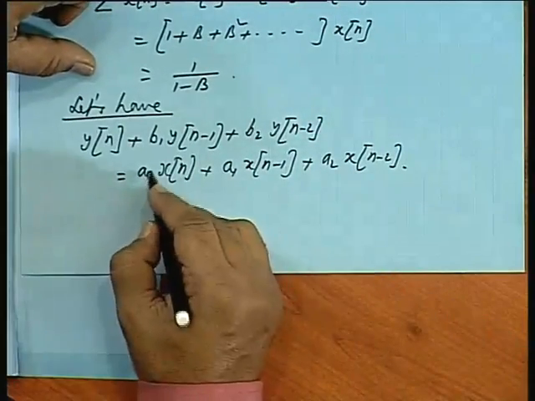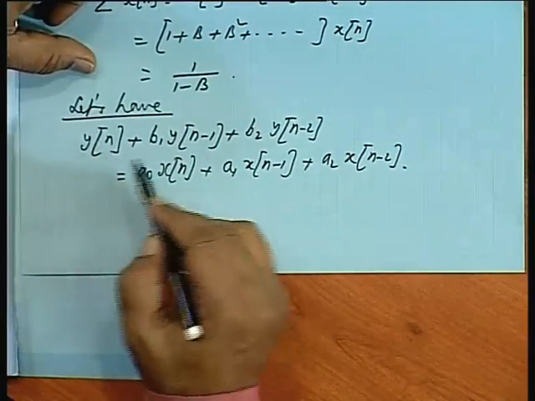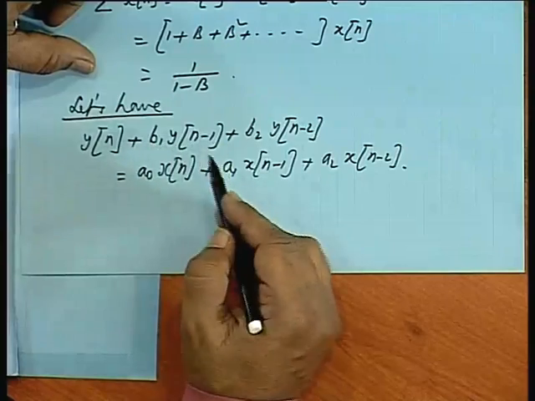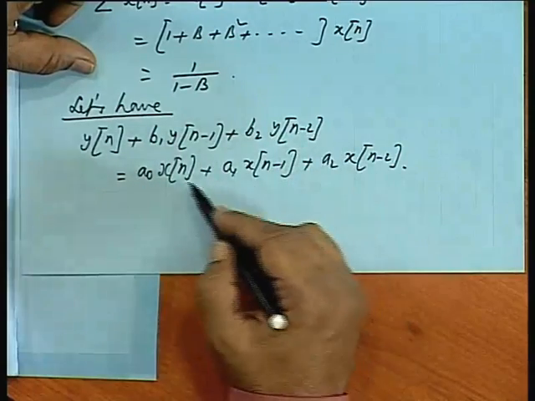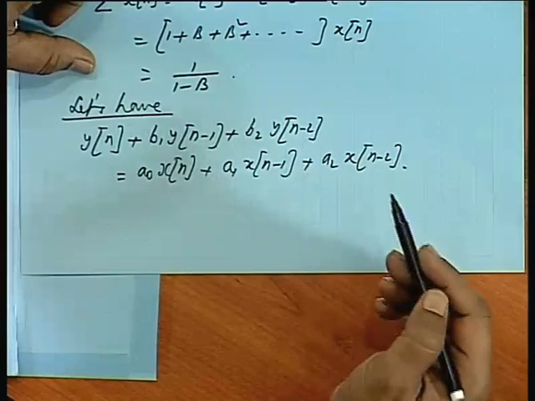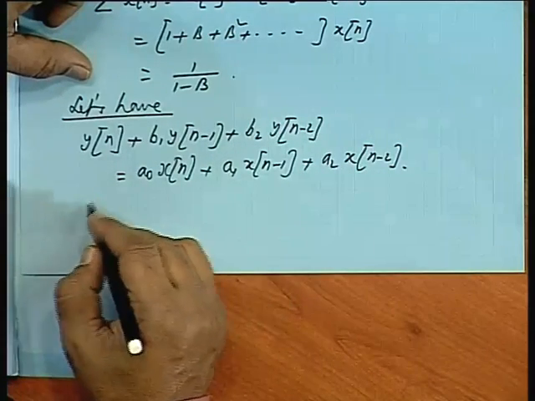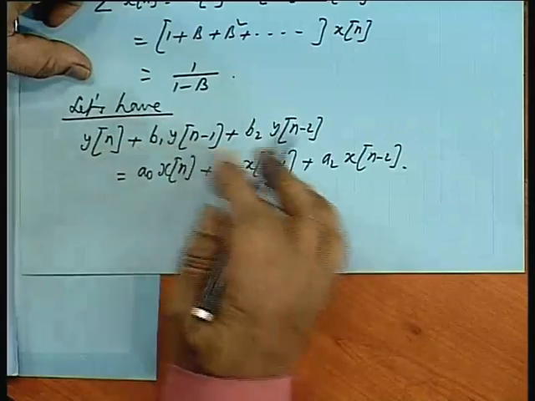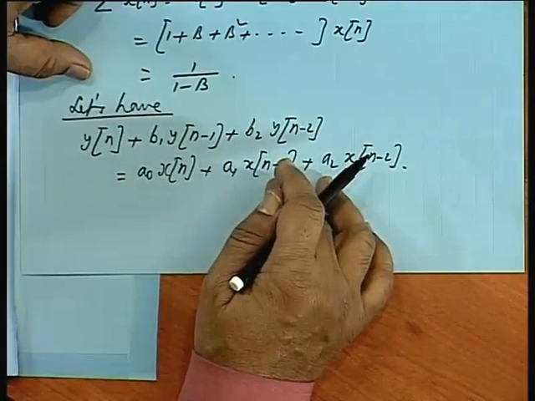Suppose we have an equation y n plus b 1 y n minus 1 plus b 2 y n minus 2 is equal to a 0 x n plus a 1 x n minus 1 plus a 2 x n minus 2, where y is the output and x is the input.